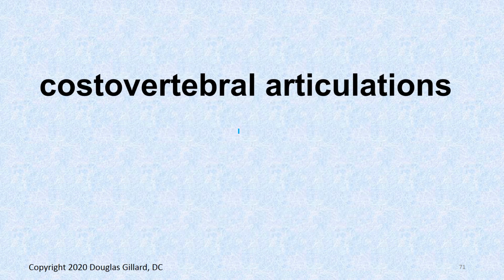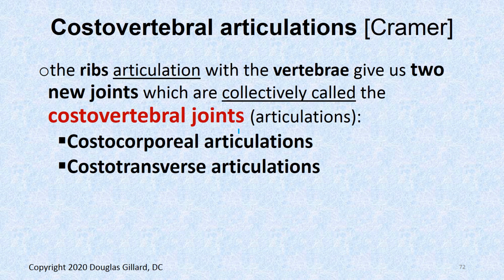All right, costovertebral articulations. So the ribs, as we said, articulate to the vertebrae. That gives us two new joints, and collectively, those joints are called the costovertebral joints. Oh, okay, I see. A light bulb just clicked on.